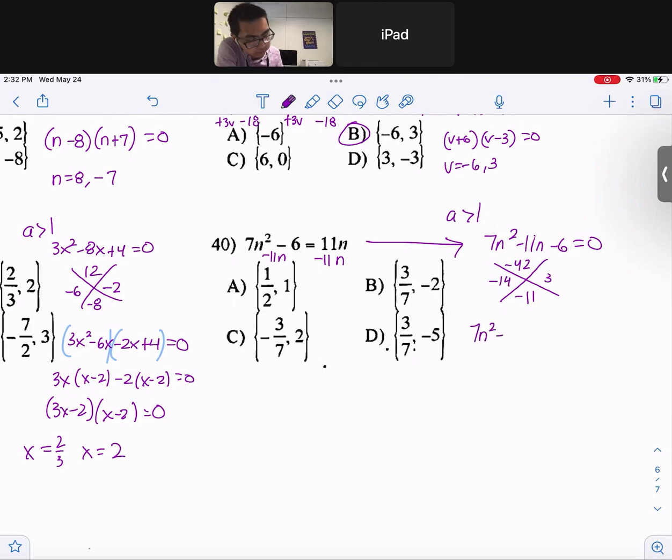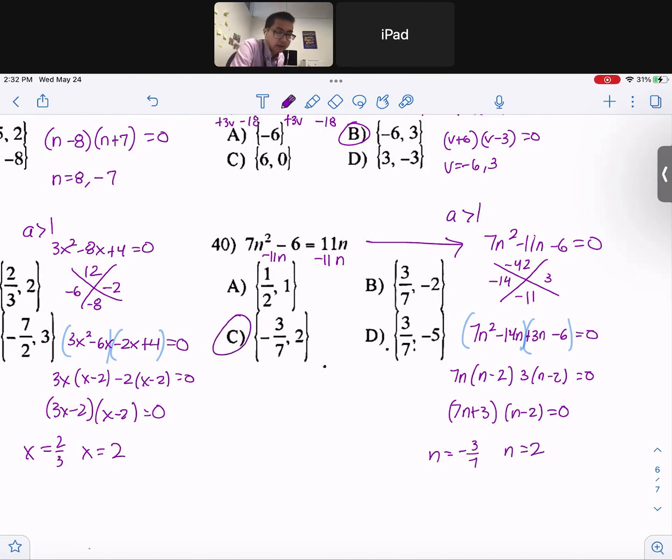First two terms, and the last two terms, factor by grouping. Factor out 7n to get n minus 2, factor out a 3 for n minus 2. 7n plus 3 times n minus 2 equals 0, so n equals negative 3/7 and n equals 2. And that will be C.